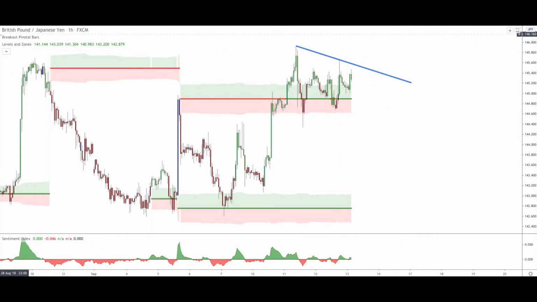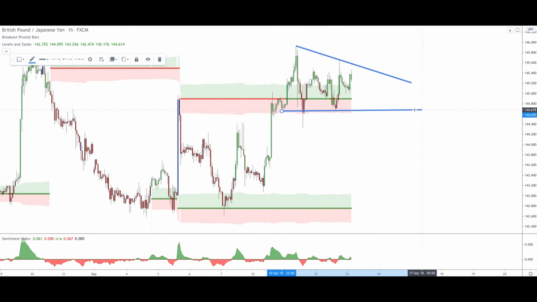See this trend line, and also, well, we should include this wick down here, but the consolidation is more like this.